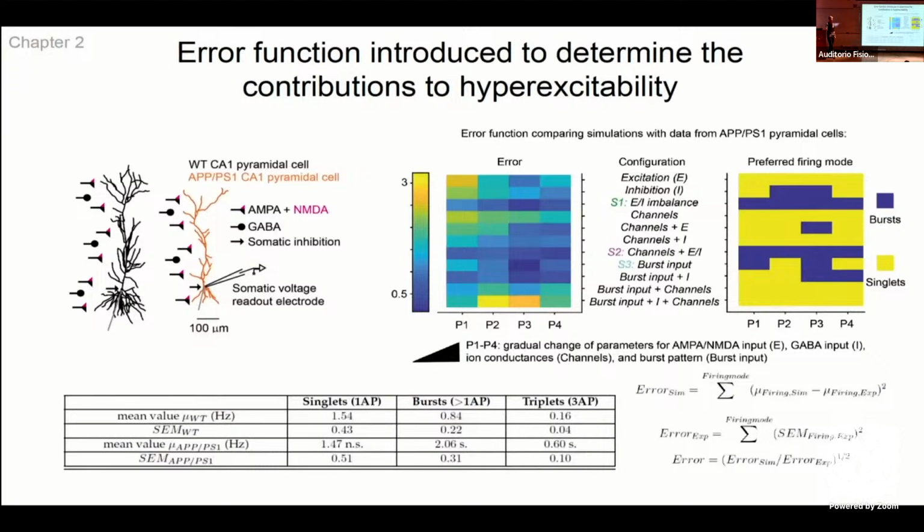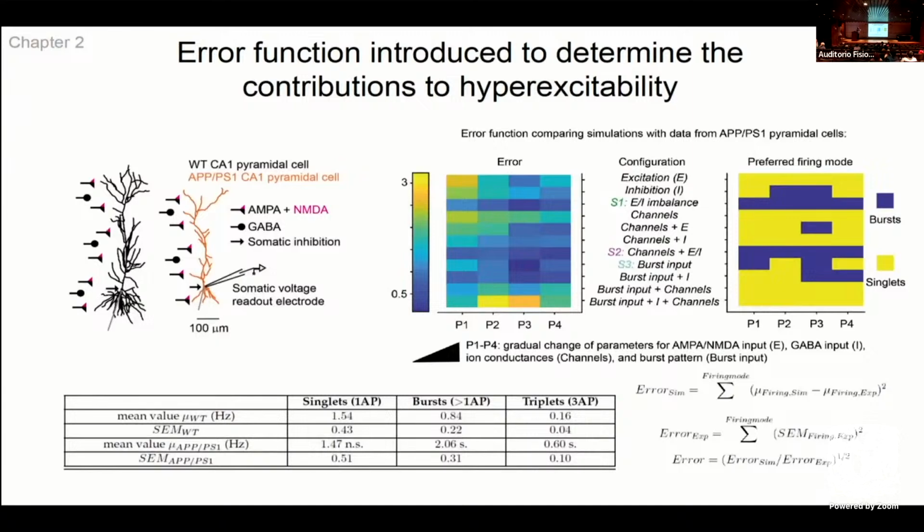So I was wondering, what was your criterion for saying, okay, this error value is low enough and the model is good? You're going to have high errors and low errors for different combinations of parameters. But how do you discriminate between them?